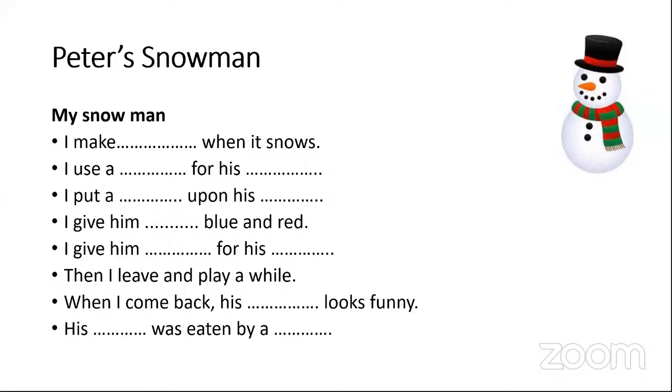I give him blue and red. I give him for his. Then I leave and play a while. When I come back, his looks funny. His was eaten by a.